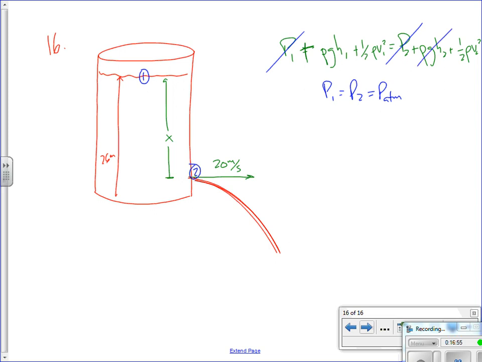Height 2 is 0. V1 is 0. That's an assumption, it's pretty darn close to 0, very small. Rho GH1 equals 1/2 rho V2 squared. H1 equals V2 squared over 2G.